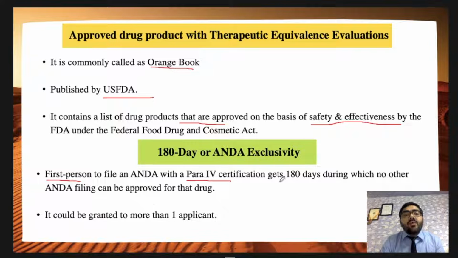We will discuss para 1, para 2, para 3, para 4 filings further. So in that interval, no other person can file an ANDA for that approved drug. It could be granted to more than one applicant.